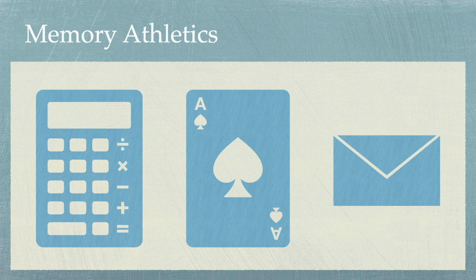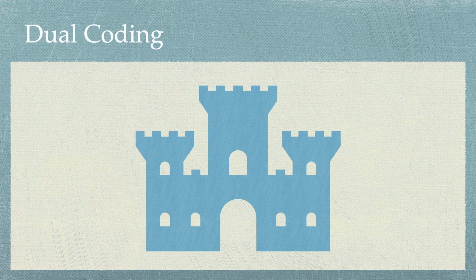Dual coding is the strategy best illustrated by memory athletes. Memory athletes compete to memorize random data sets like strings of numbers, decks of cards, and letters. They do this by building memory castles in which they generate a visual construct in their mind that they can walk through.